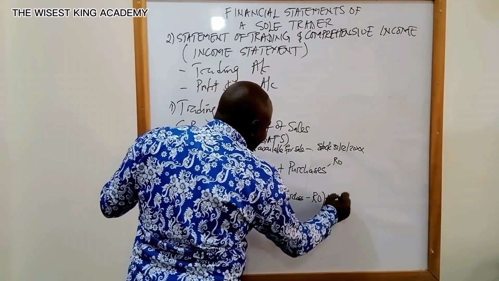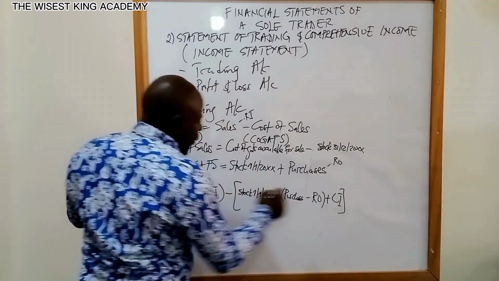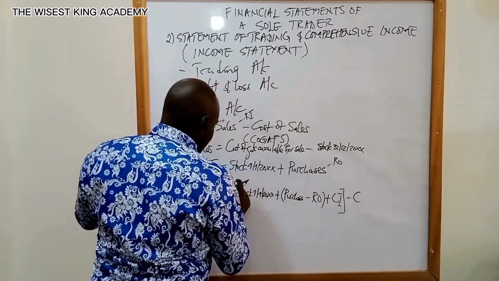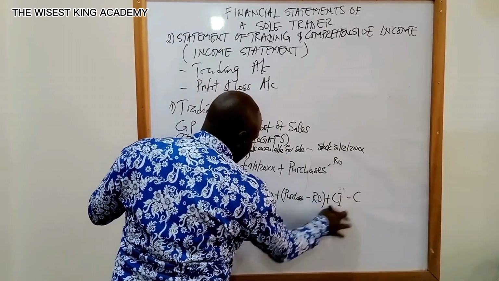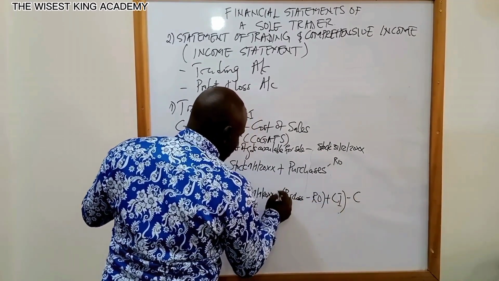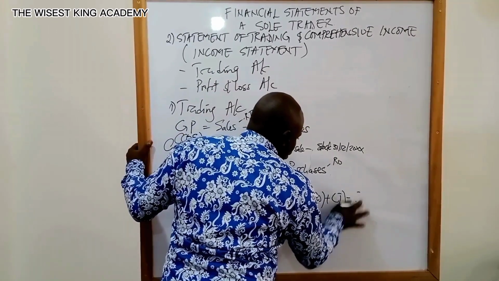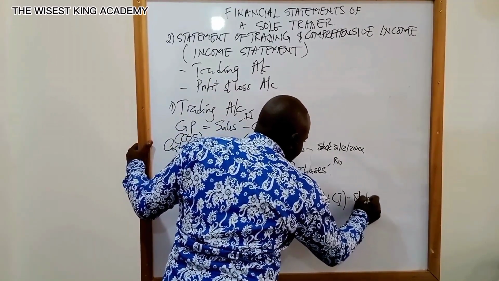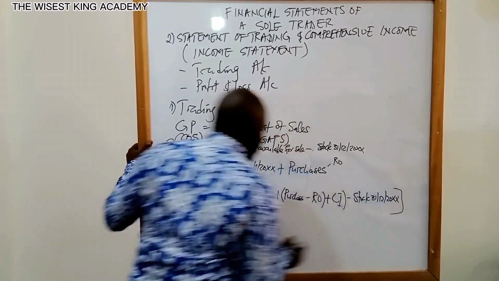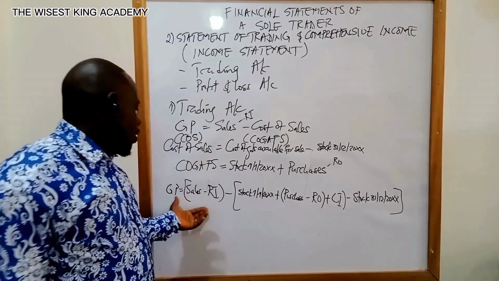Then I'll add carriage inwards. Now, from these two, I'm going to subtract the closing stock, that is stock as of 31st of 12, 2000XX. So that is the calculation of the gross profit.